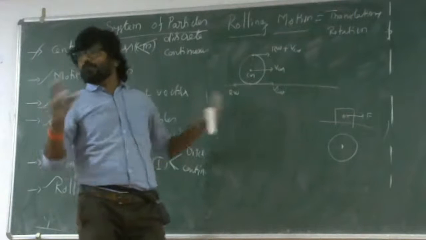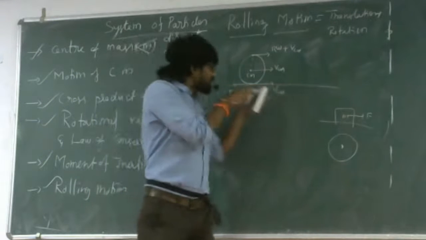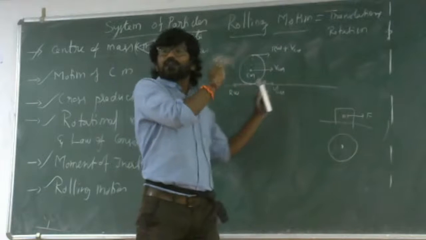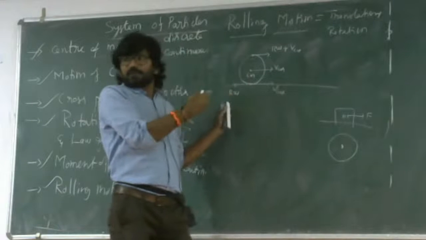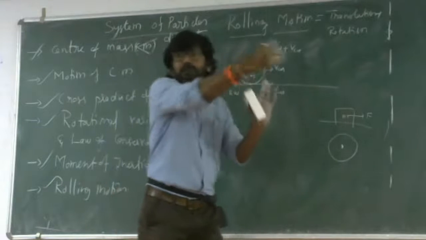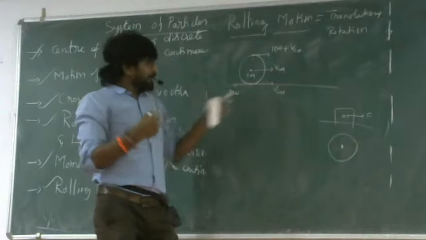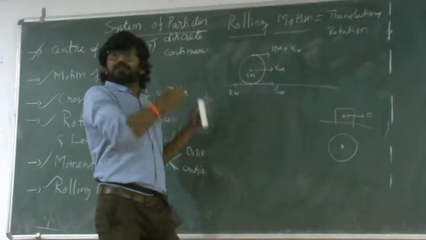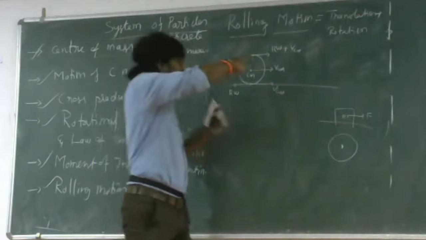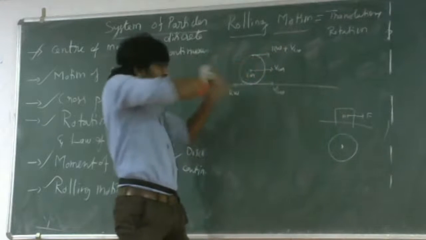If the forward motion of this point of contact is greater, then this wheel will slide instead of rotating more. If the backward component is more, it will slide backward.